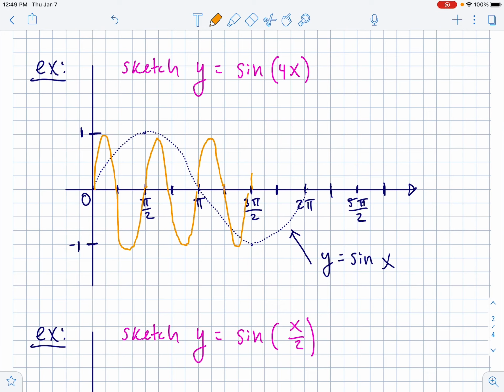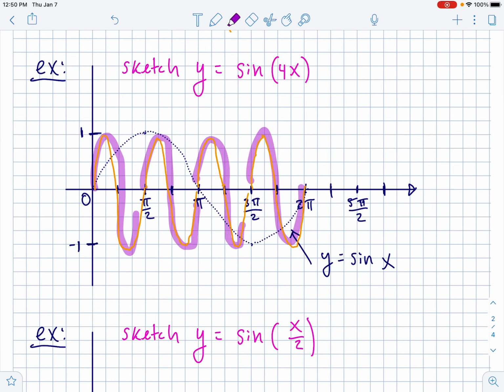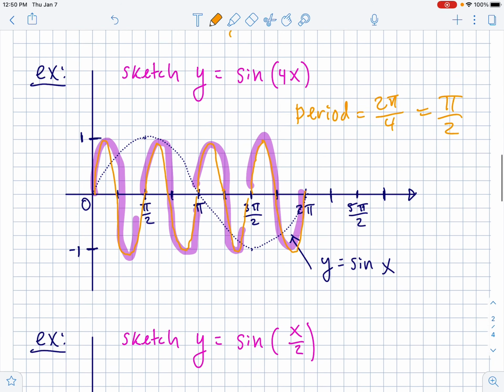Sorry, I'm trying to make these exact. So between 0 and 2 pi, you would see 1, 2, 3, 4 full curves. So the period would be 2 pi over 4, which is pi over 2. Every pi over 2 it repeats.